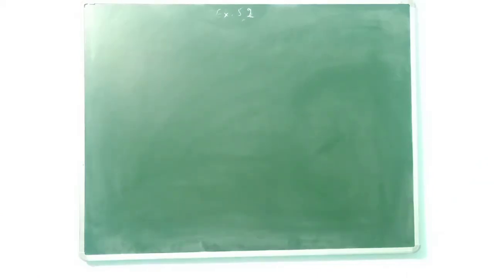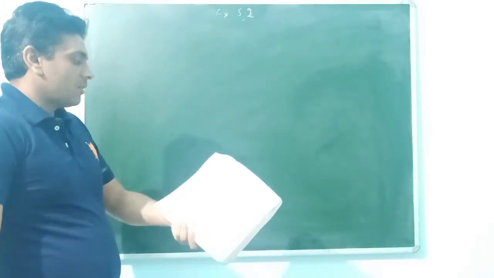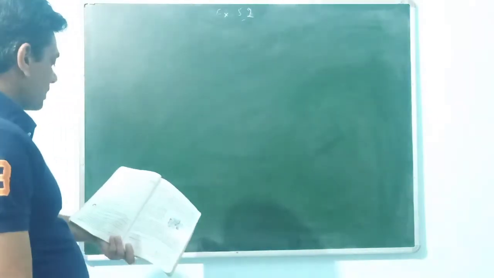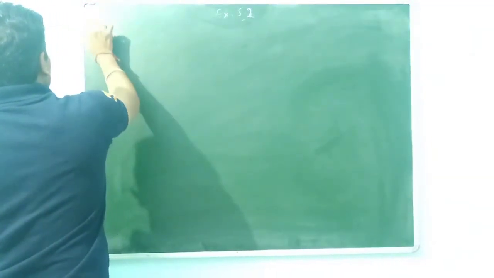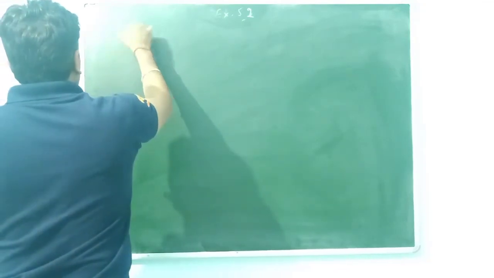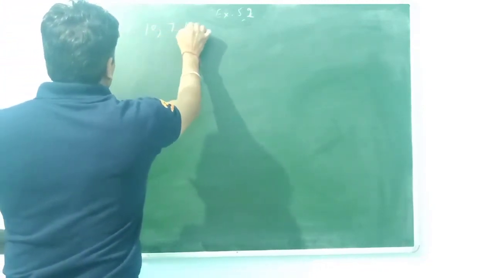Question number 2. Choose the correct choice in the following and justify. Part first. 30th term of the AP 10, 7, 4.